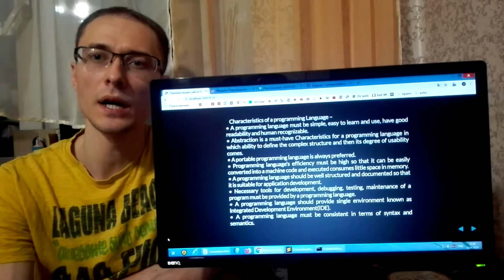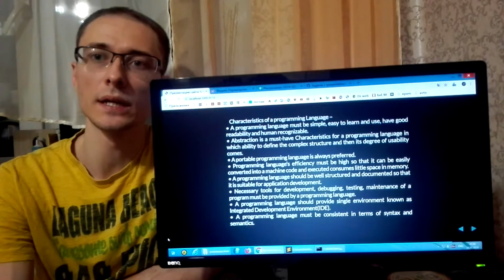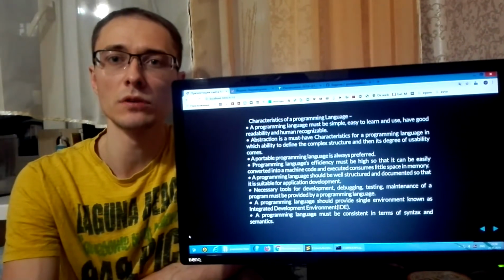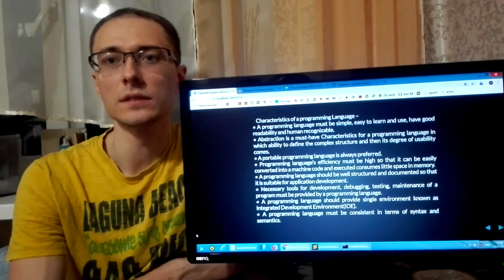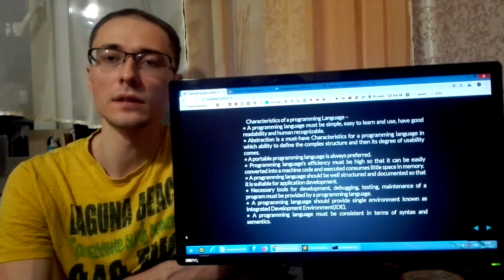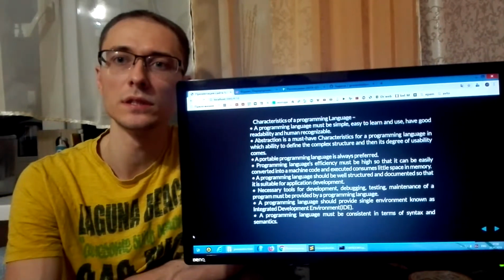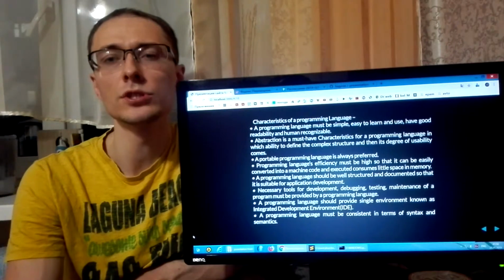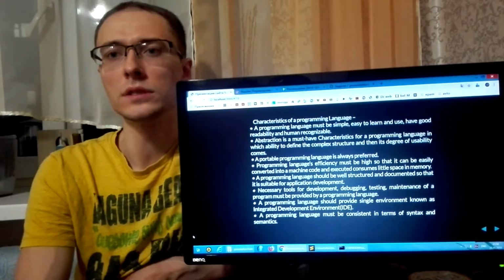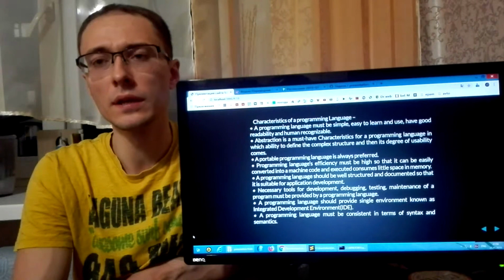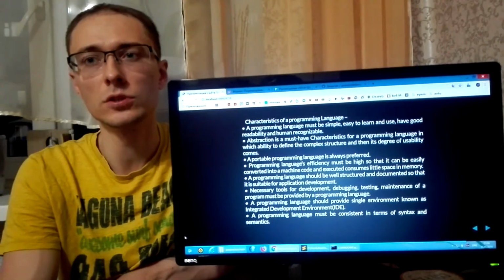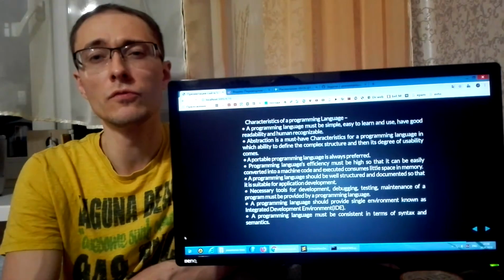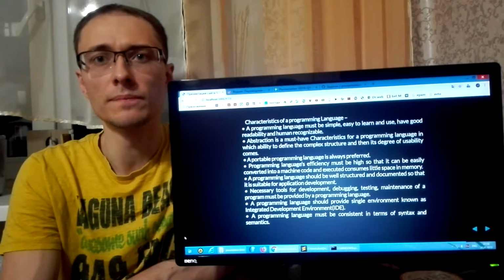A programming language's efficiency must be high so that it can be easily converted into machine code and consumes little space in memory. A programming language should be well structured and documented so that it is suitable for application development.